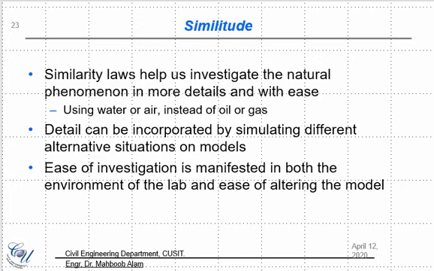And as I said, the advantage is that we can incorporate the details in a model by changing different things to a certain degree, doing the experiments again changing certain things until we are satisfied, and then we are confident that the prototype can now be developed.